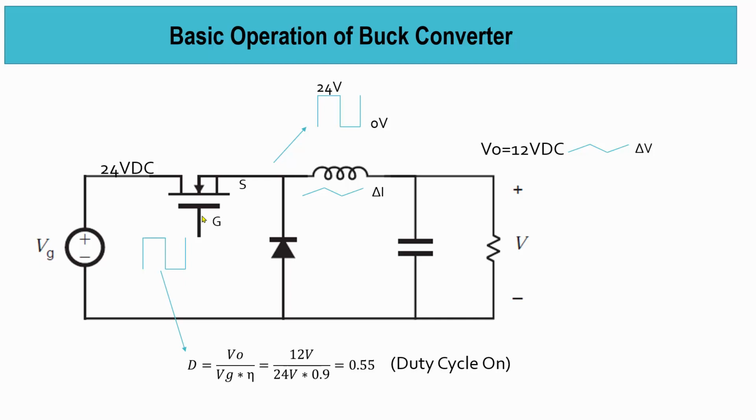Supposedly, if we have an output of 12 volt and an input of 24 volt, and the efficiency of the buck converter is 90%, our duty cycle will be Vout divided by Vin, multiplied by efficiency. So your duty cycle will be 0.55 in this case. Duty cycle is the time you turn on, or the rate when you're turning on the FET.